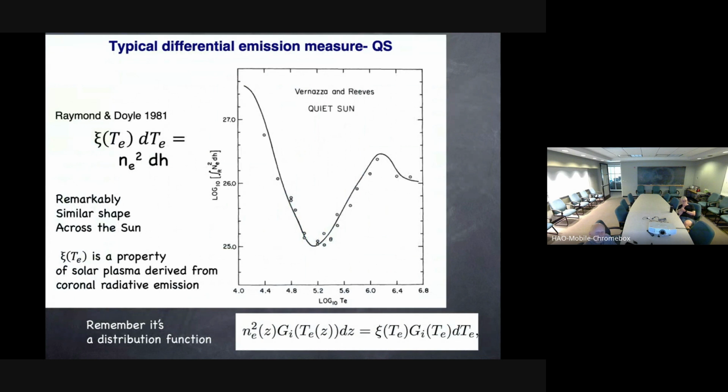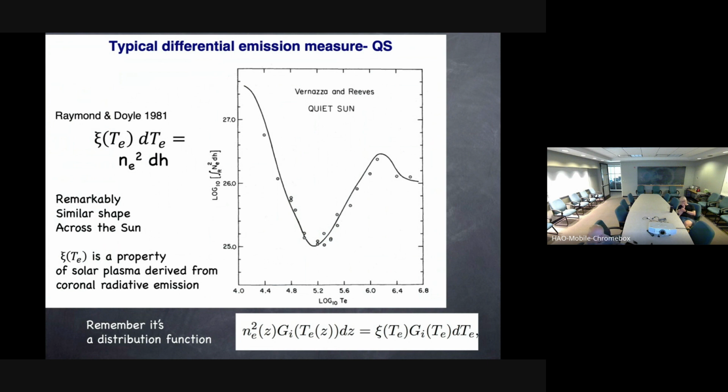And here's one example, and I'll tell you what this means in a moment. Often it's written as psi of T, E dt by dH, is equal to NE squared, but it's not a differential, it's a distribution function, and it has a particular shape. This is very characteristic of what we find.